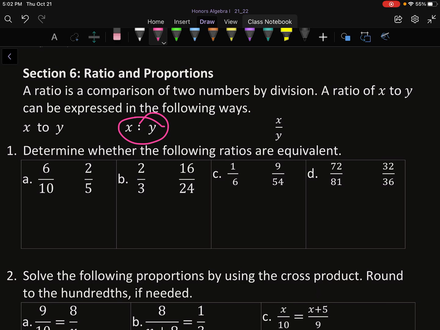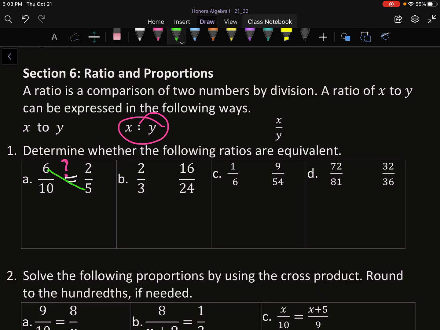So we're just going to first determine whether these following ratios are equivalent or not. So we ask ourselves, is this equal? Well, I can either reduce both of the fractions if not already reduced, or I can cross multiply, right?